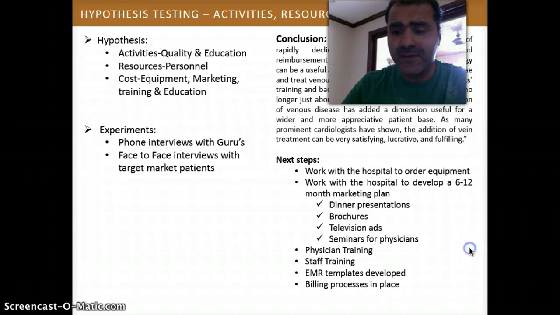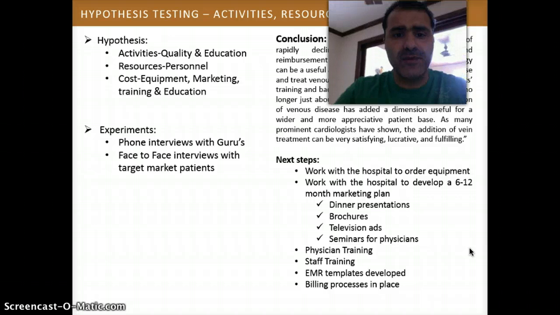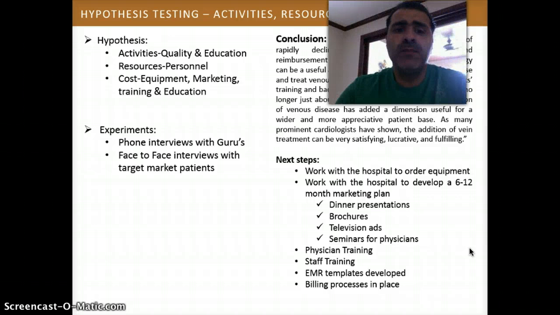And when we ran those survey questions between the gurus and the customers, our hypothesis was about the activities: the quality of the care, the education level, the personnel required between the doctors and the staff, along with the cost, equipment, and the marketing.